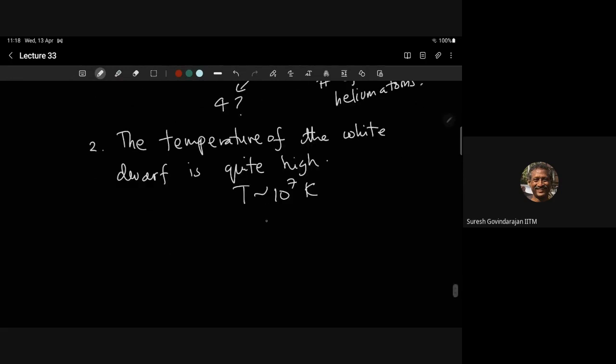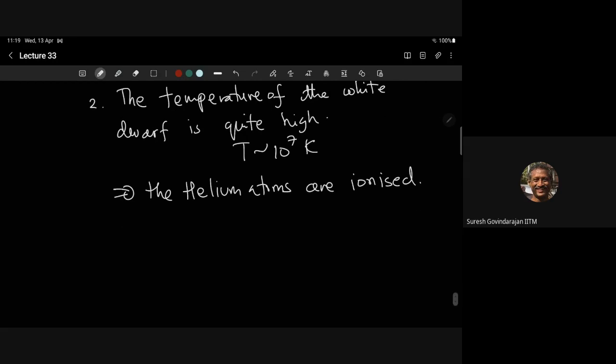And the second part is the temperature is 10 power 7 Kelvin. So this implies that the helium atoms are ionized. Okay.